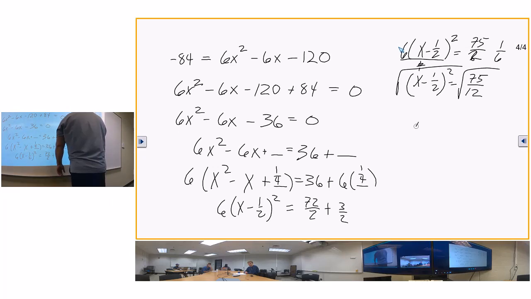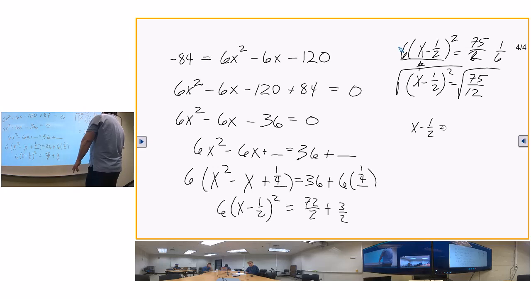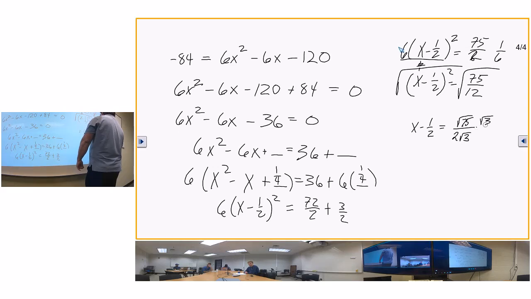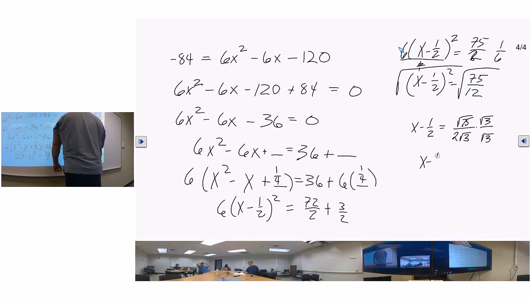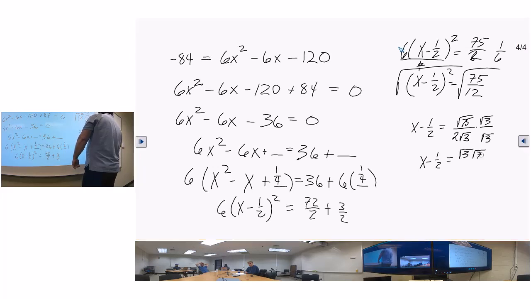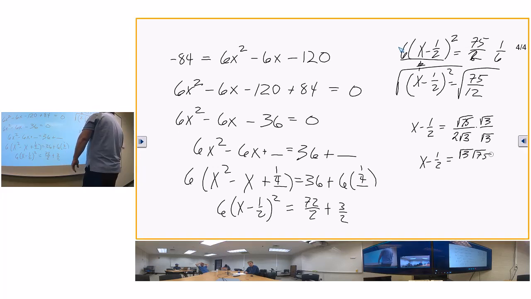And that's going to give us x minus 1/2 is equal to the square root of 75 over the square root of 12, or 2 times the square root of 3, multiplied by the square root of 3 over the square root of 3. X minus 1/2 is equal to the square root of 3 times the square root of 75 over 2 times 3, which is 6. I'm leaving everything open, just bear with me.